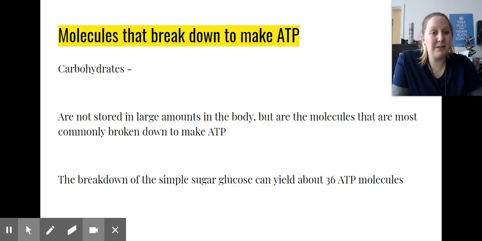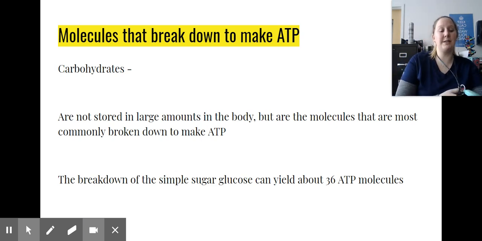Carbohydrates do not create the most amount of energy. However, they are the most abundant and most commonly broken down to make ATP. Think about what you had for lunch. I'm sure it had carbohydrates in it, whether you knew it or not. Carbohydrates include fructose, sugar from fruits, sucrose, glucose, and then your typical carbs that you normally think of: breads, pastas, potatoes.